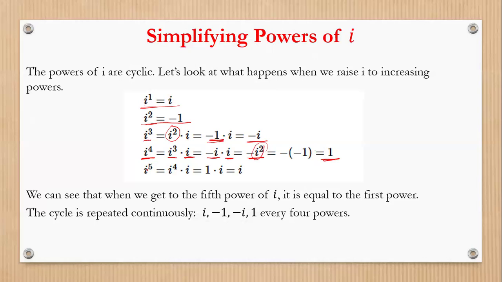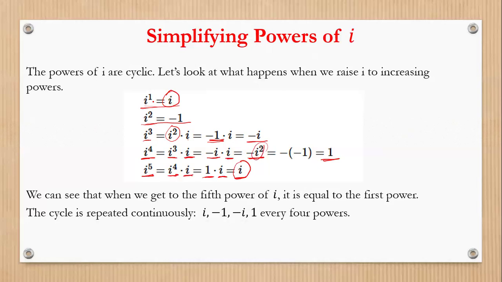If I want to find i to the fifth power, I need to multiply i to the fourth by another i, and I found that i to the fourth is just 1, and 1 times i is just i. And you see that we get back to the first power.